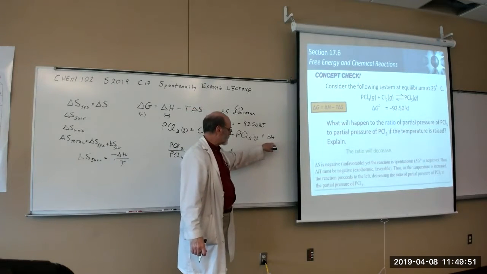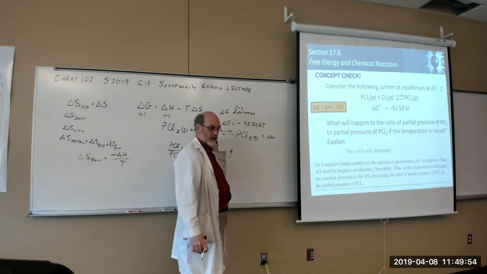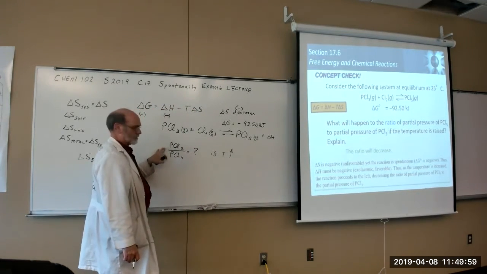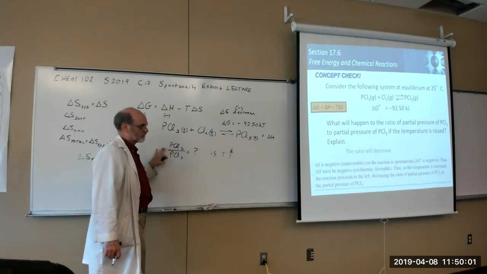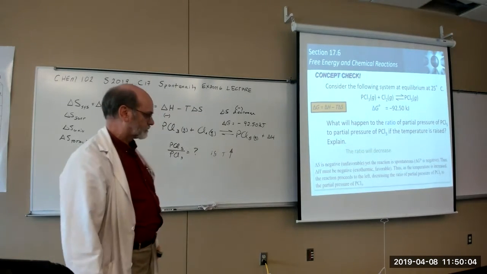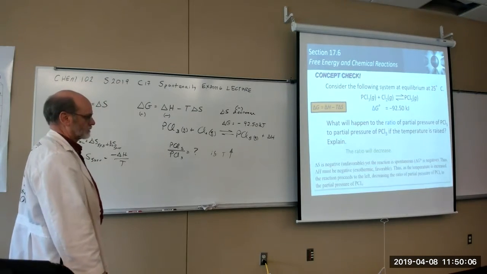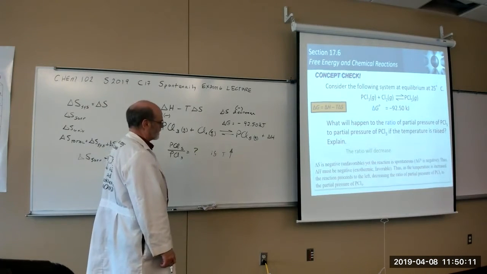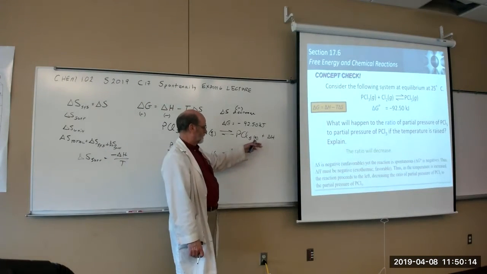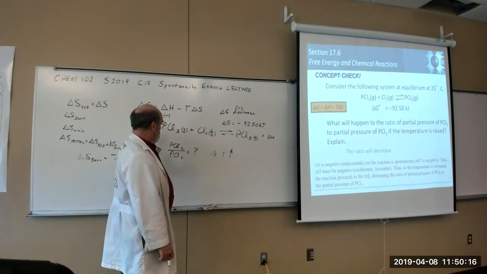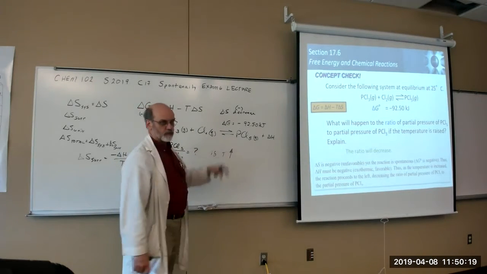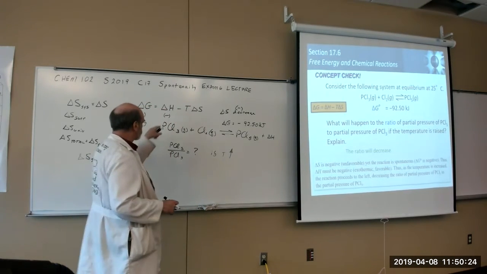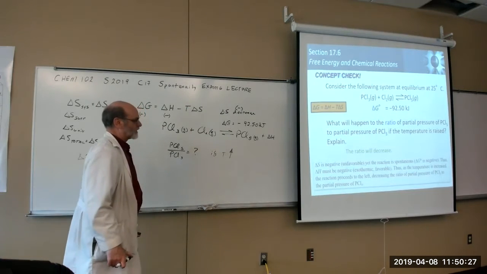And if we increase the temperature, that increases this one and drives the reaction back that way. So this ratio will decrease if we increase the temperature. If we had determined that delta H was positive, it would go on this side, and increasing temperature would produce more product. But the key is finding out the sign of delta H. That's the trick.